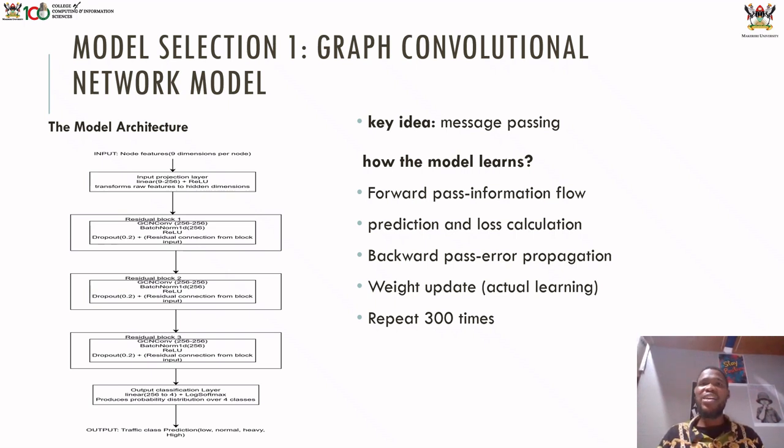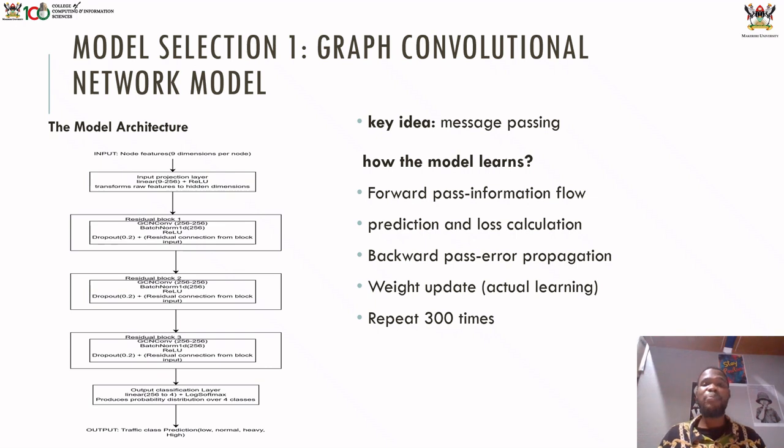The node doesn't know about its surroundings at all. So we introduce this graph convolutional network model. The nodes have information from the neighboring nodes, right? So message passing allows this node to receive information from around, right?